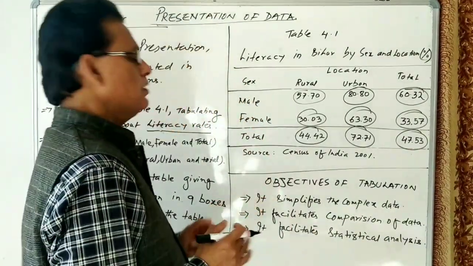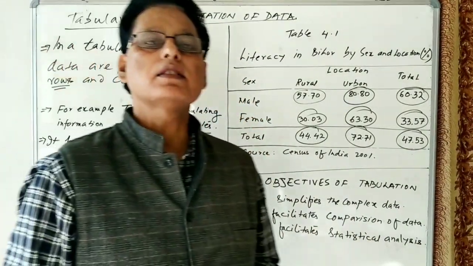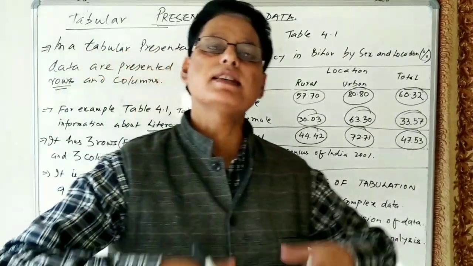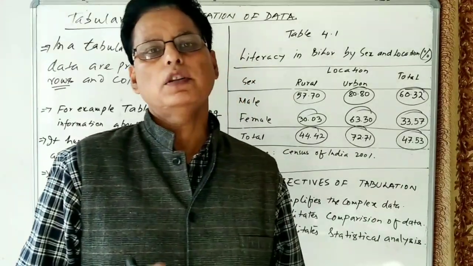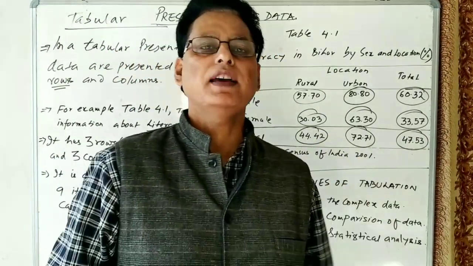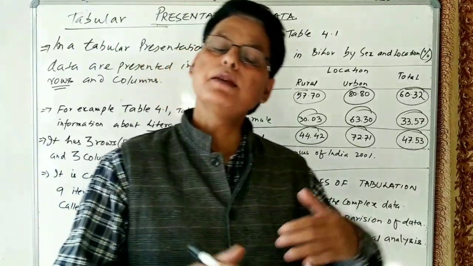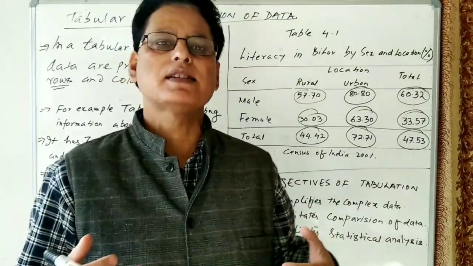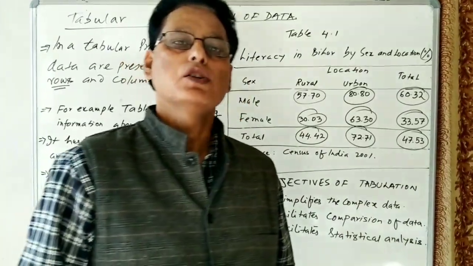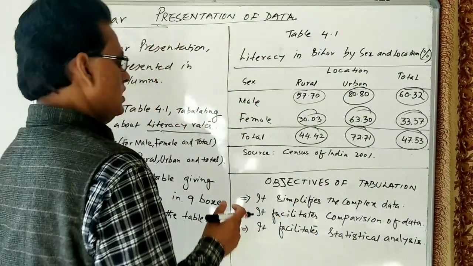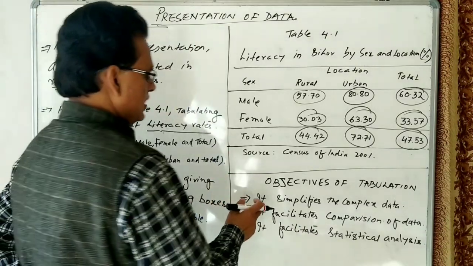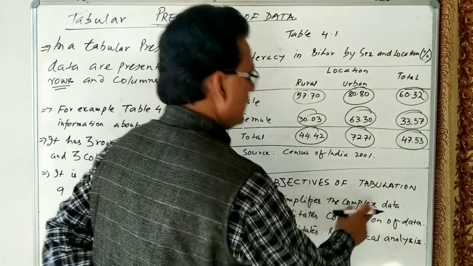Next, what is the objective of the table? Table is also known as tabulation. The main objective of tabulation is to simplify complex data into the simplest form. Here I have written the different objectives of tabulation. First, it simplifies the complex data.